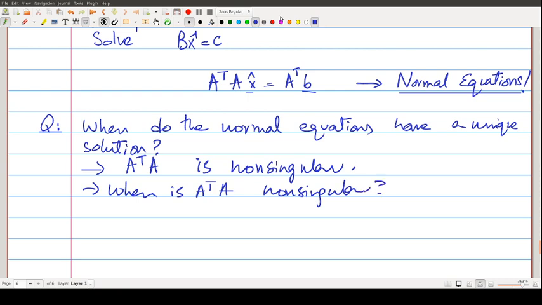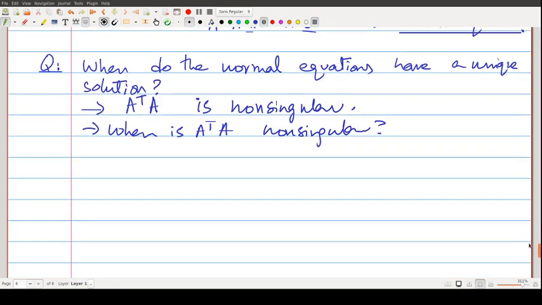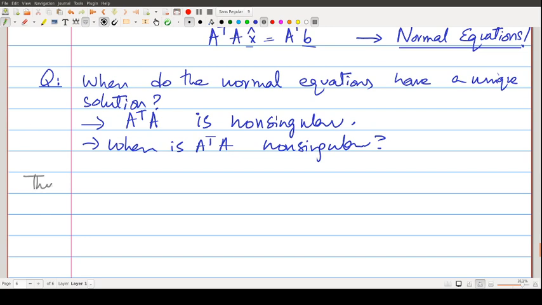And that brings me to this theorem. So we have another theorem to our rescue, and this is what the theorem states.